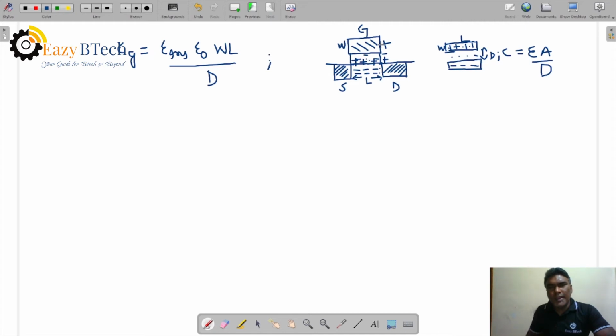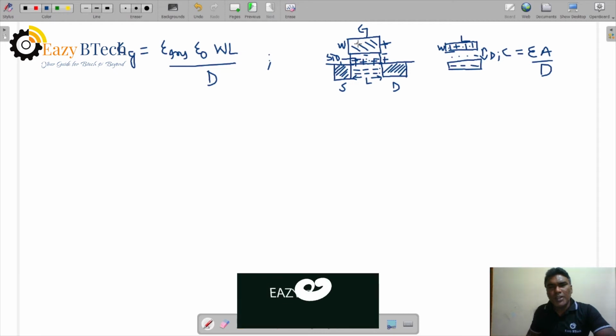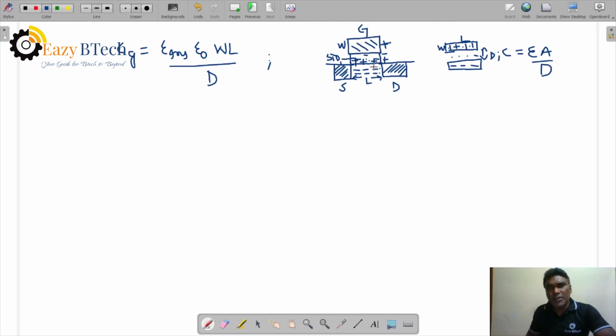So positive plate is a polysilicon, negative plate is a channel area, and in between SiO2 layer is there. This is a dielectric layer. SiO2 layer is there. So that is called epsilon insulation. Insulation layer is a SiO2 layer. Epsilon naught is free space. By applying external charge carriers, W is the width of the polysilicon, L is the length of the channel, D is the thickness of this one.